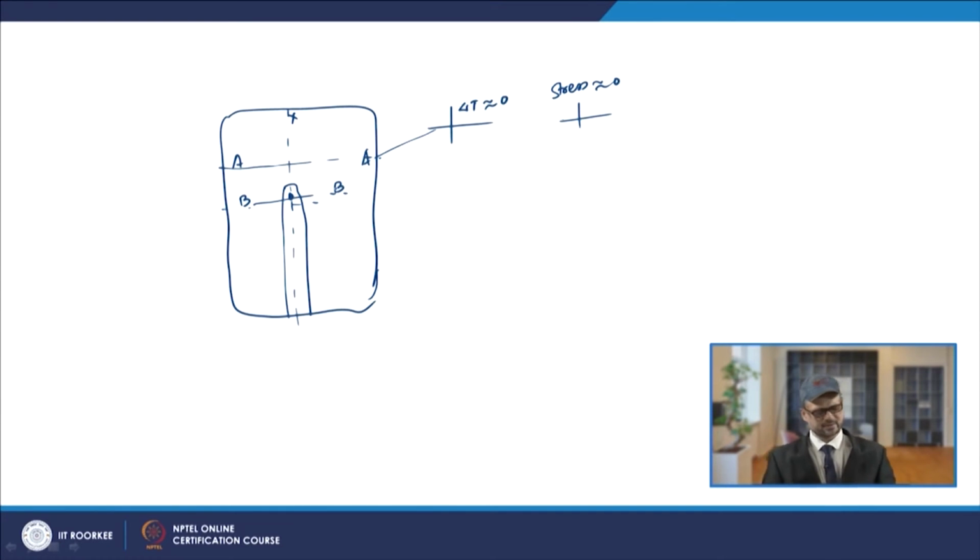Now, in this case, if you talk about the temperature, on this side you have the lesser temperature. The temperature value increases to a very large value here, and then decreases towards this side.